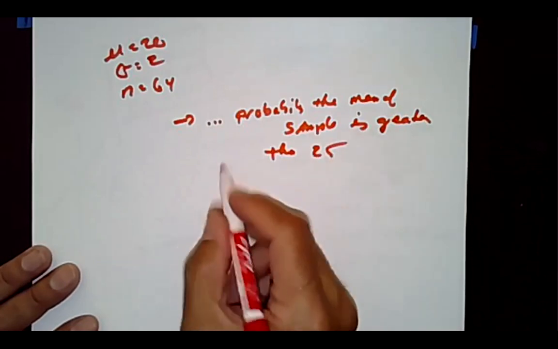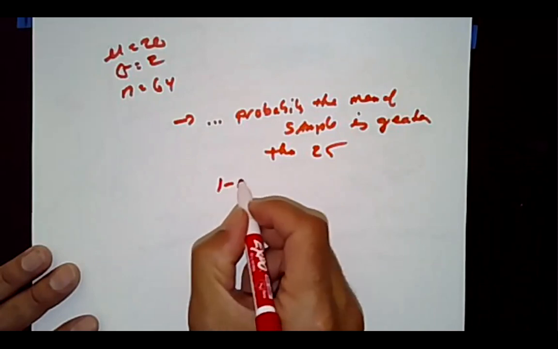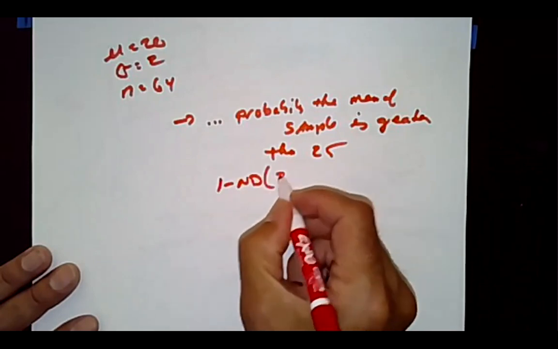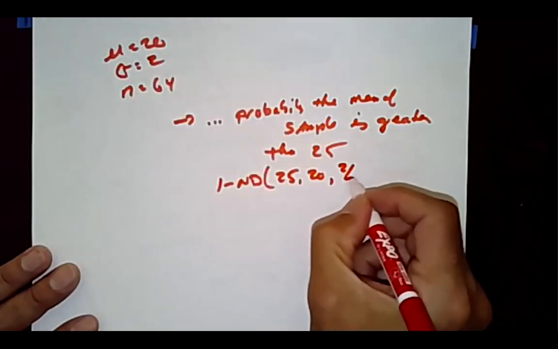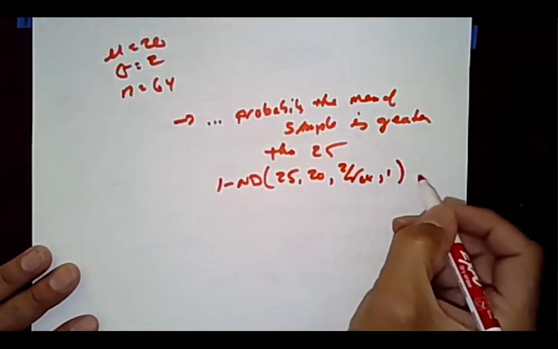So you're going to do 1 minus norm, again, just do the Excel way. 1 minus norm is 25, 20, and you're going to do 2 over square root of 64, comma 1.